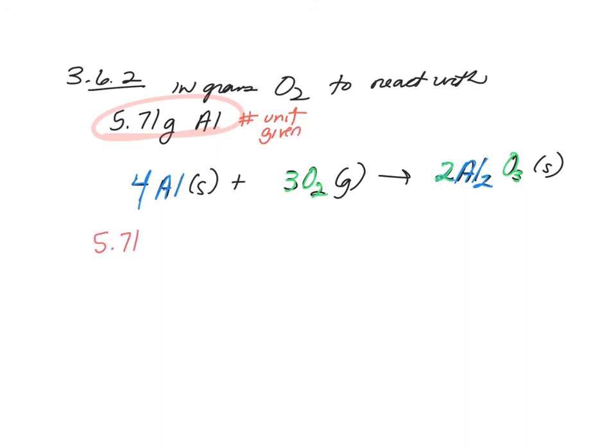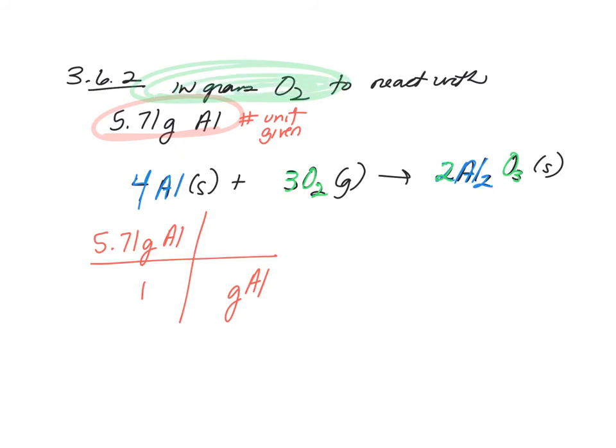So 5.71 gram of aluminum over 1. And then you're going to have a gram of aluminum on bottom. Now the question wants to know how many grams of oxygen. So where is oxygen? That's over here. And how many grams is needed to react?